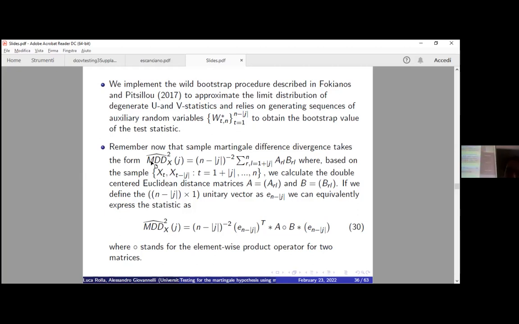We have the sample version of martingale difference divergence. It's very similar to the sample version of distance covariance, and it's based on the same concept.